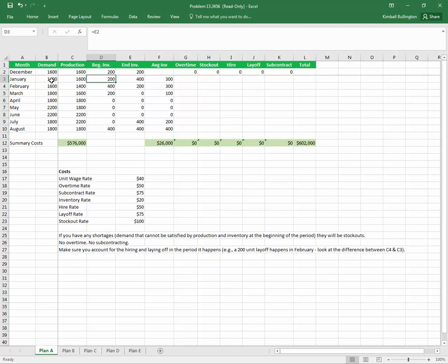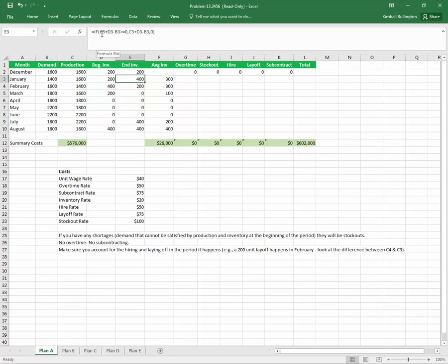The customers we predict are only going to take 400. So 1,800 minus 400. At the end of the month, we're going to have 400 left over. So that's where our ending inventory comes from. And we create an if statement to calculate that. An if statement has a logical test.